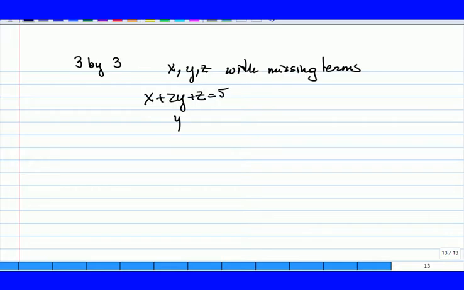I'm just making it up. Y minus z equals 7, and x plus z equals 5 or 6, or something like that. I made it up. This may turn out to be ugly, but something that looks like this. So make sure you do that.